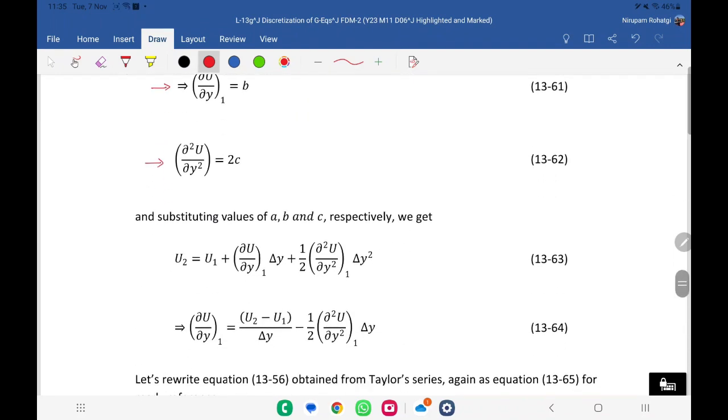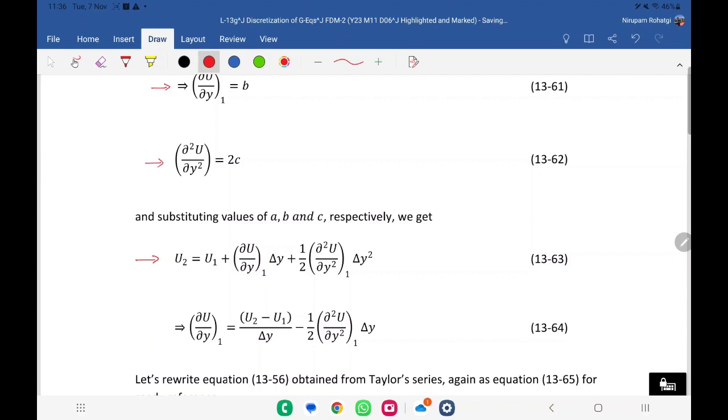Okay, so what we do, and substituting a, b, c respectively, what do we get is this. Okay, u2 minus, okay, this you are substituting.